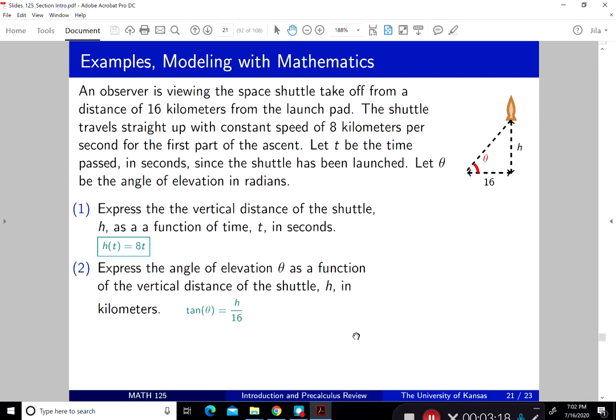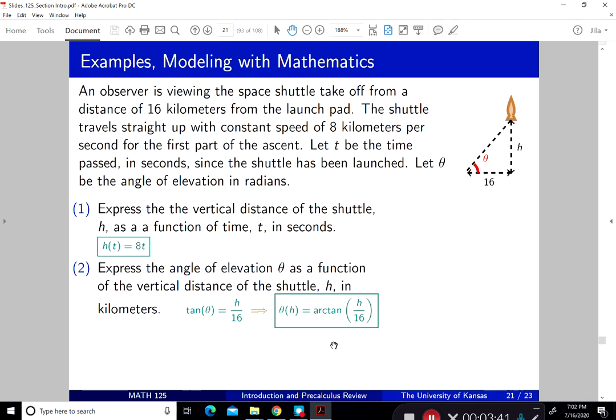I use that first, but this question is asking to find theta as a function of the vertical distance. I related theta and h and no other variable in here. Now I want to solve for theta, so theta would be a function of h.